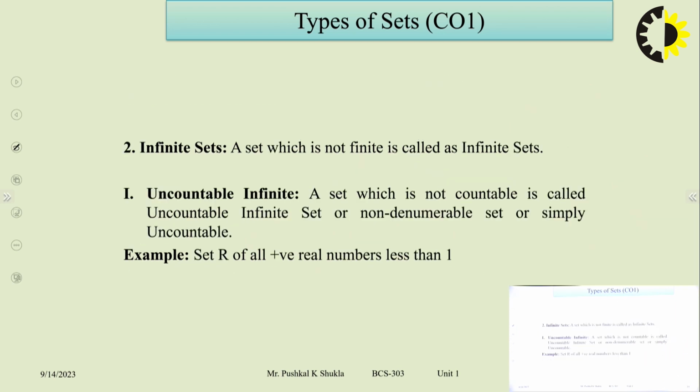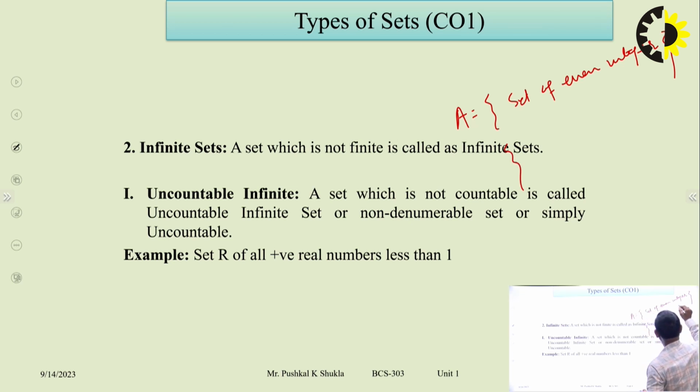Next type is infinite set. A set which is not finite is called an infinite set. For example, A equal to the set of even natural numbers.